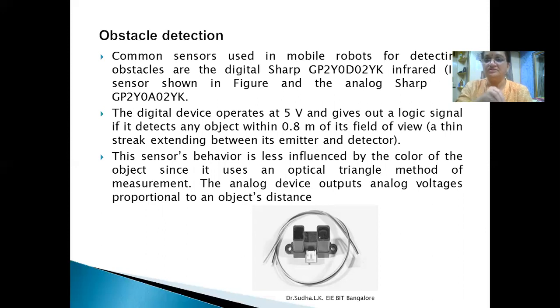It transmits the signal, and depending upon the condition, it touches the object and comes back, so it is going to hold your object. That is possible with the help of obstacle detection. For this we have the digital sharp sensor as well as the analog sharp sensor.